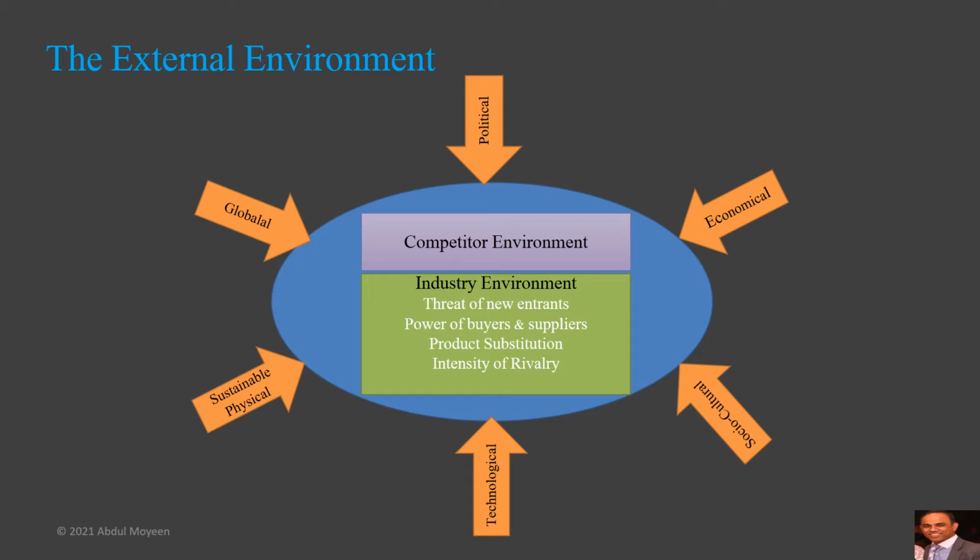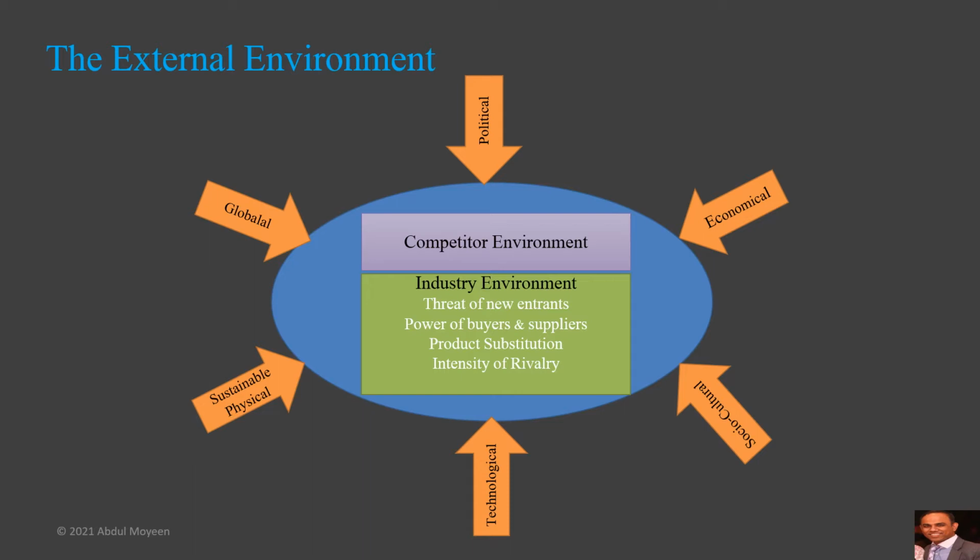Now, an analysis of the general environment focuses on environmental trends and their implications. Let's move to the second one, the industry environment, which is the set of forces directly influencing a firm and its competitive decisions and responses.